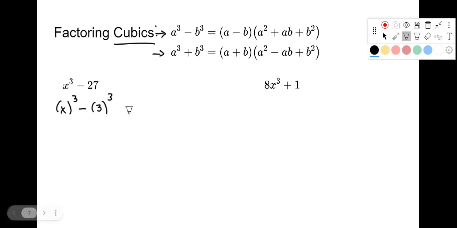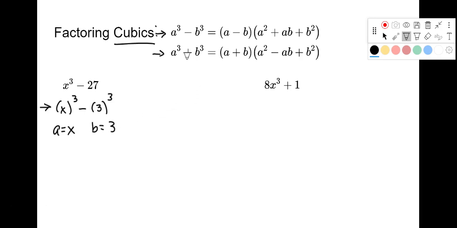All right, so now, to use these formulas, I have to write my polynomial in this way first, and then I can use the formula, because now I know that my a is equal to x, and my b is equal to 3.